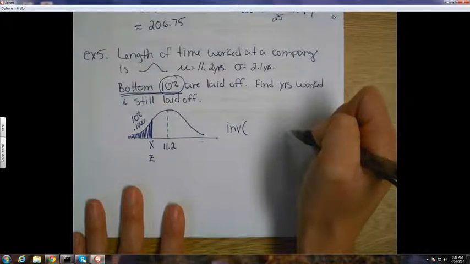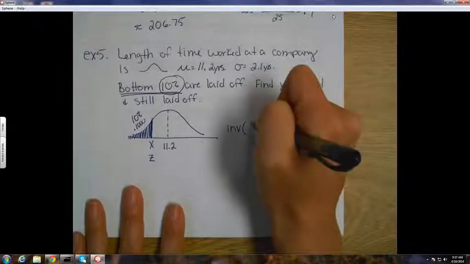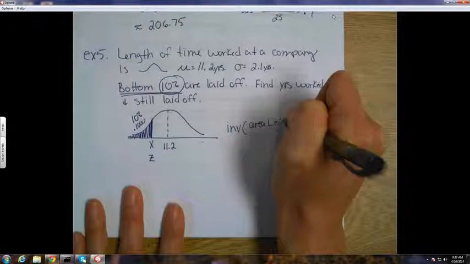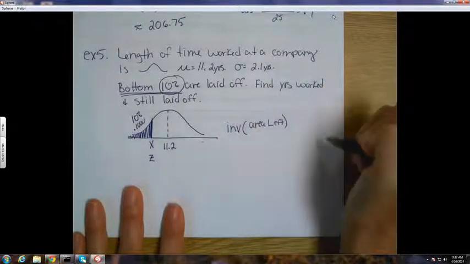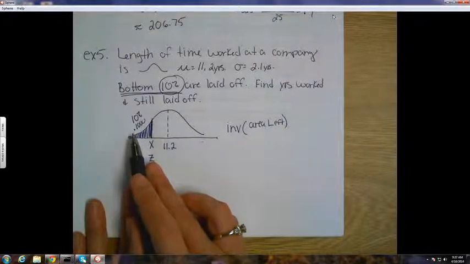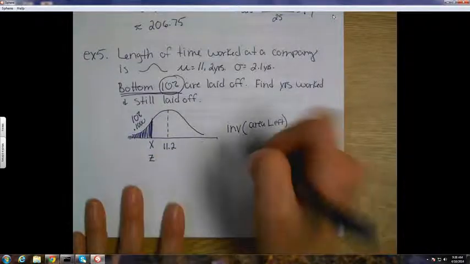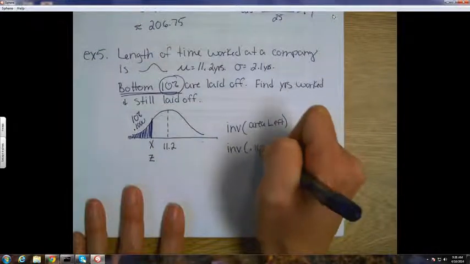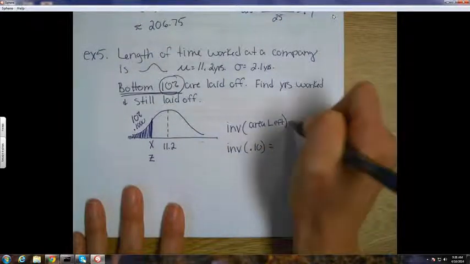I'm guessing the point. It's to the left. I need area left of my z. Do I know the area to the left of what I want to find? Yeah, it was the number they gave me. Is it always the number they give me? No. So we're going to do invNorm of 0.10 or 0.1. This will kick back a z-score.